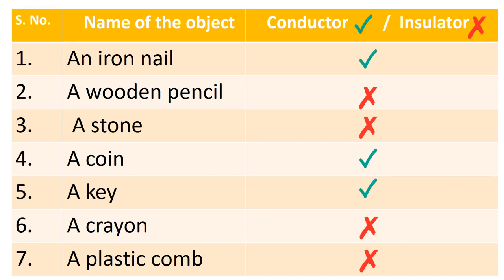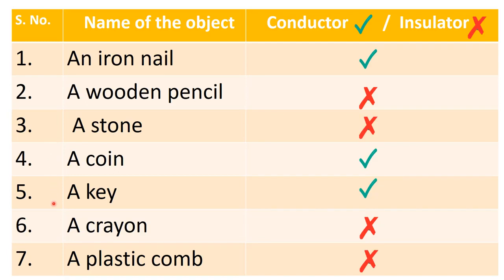Let us now look at some of the common household items which are easy to find and check whether they are conductors or insulators. The first is an iron nail. It is a conductor. A wooden pencil, an insulator. A stone, again an insulator. A coin is a conductor.